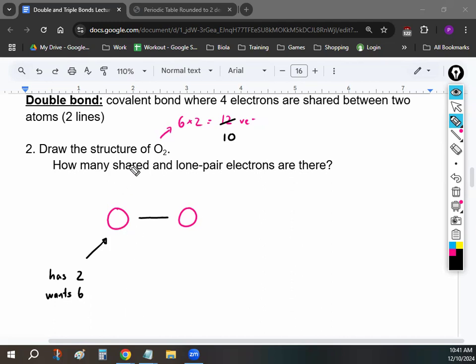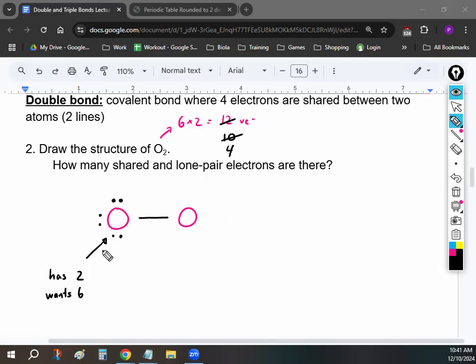So let's try giving this oxygen 6 electrons: 1, 2, 3, 4, 5, and 6. If we give this one 6 electrons, we had 10, and now we only have 4 electrons to work with. Everybody good with that?